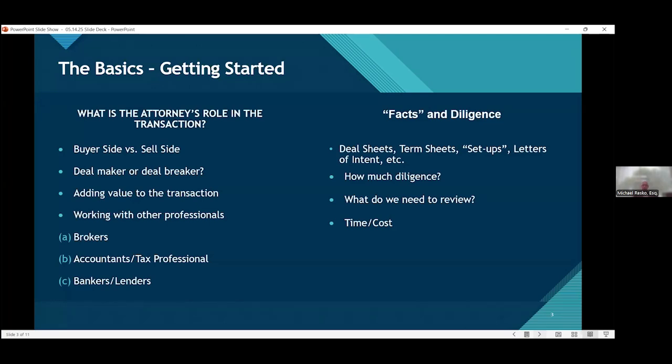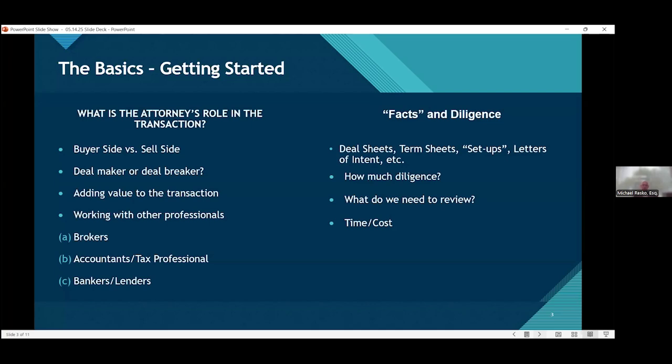I'll revisit this when I talk about diligence from the seller side, and what a seller might do in preparing to market the business for sale.